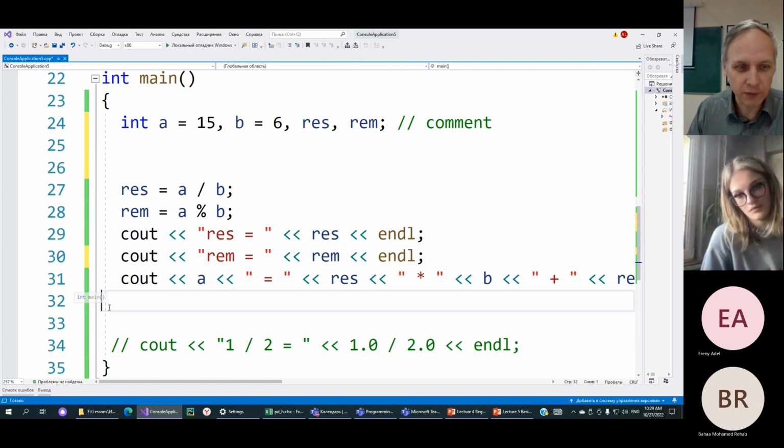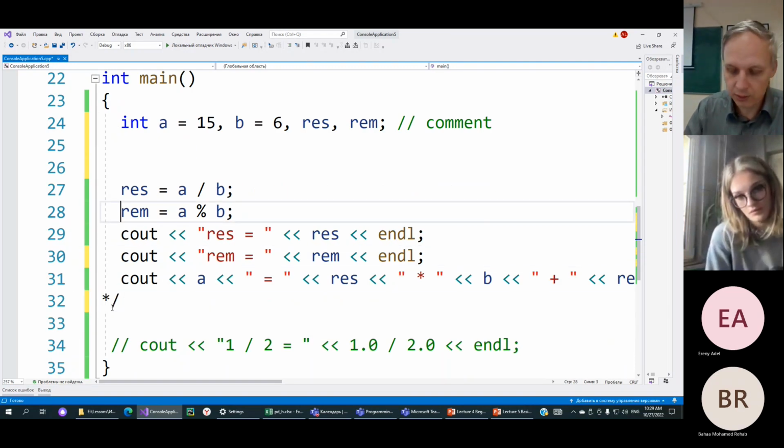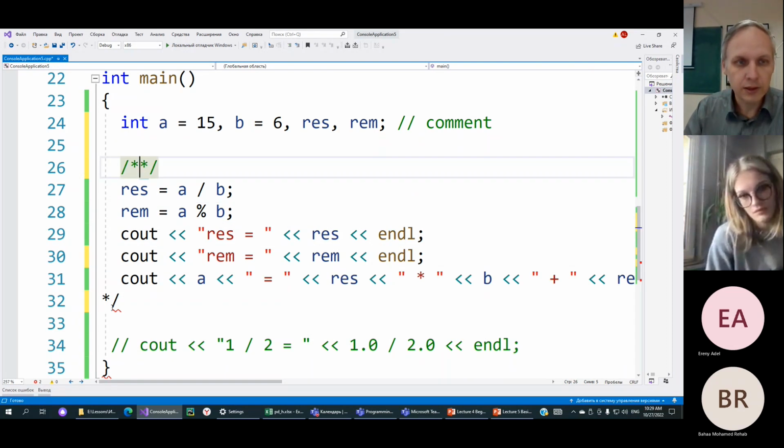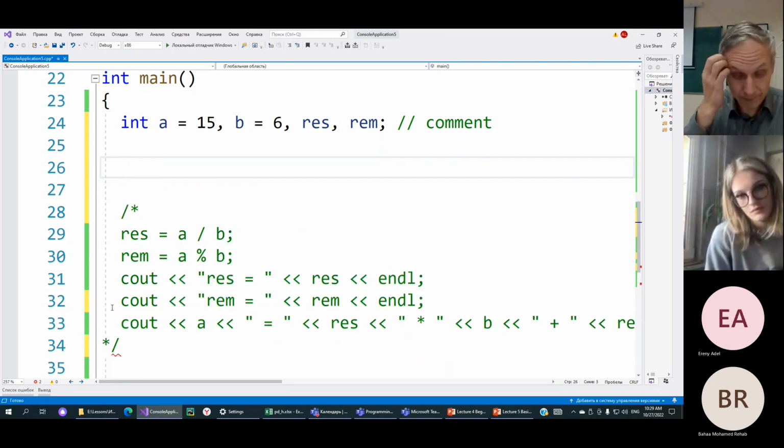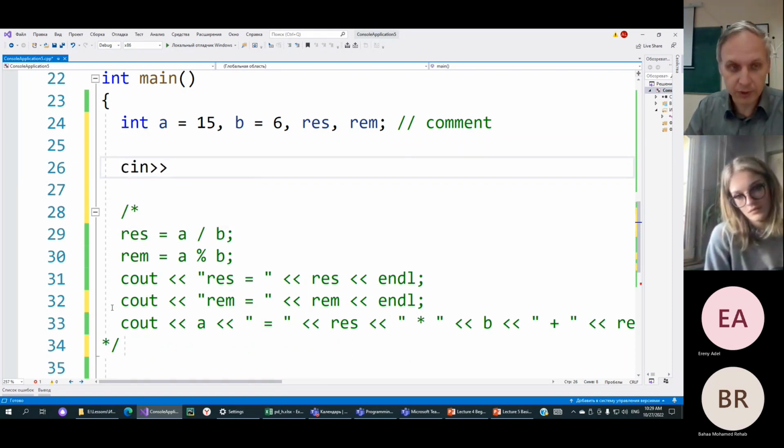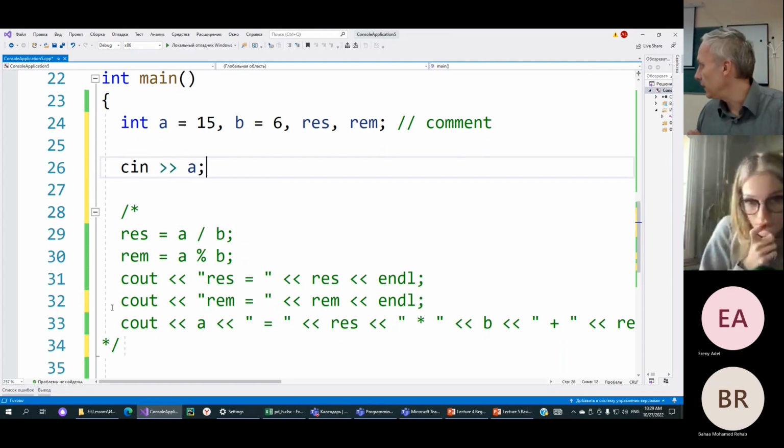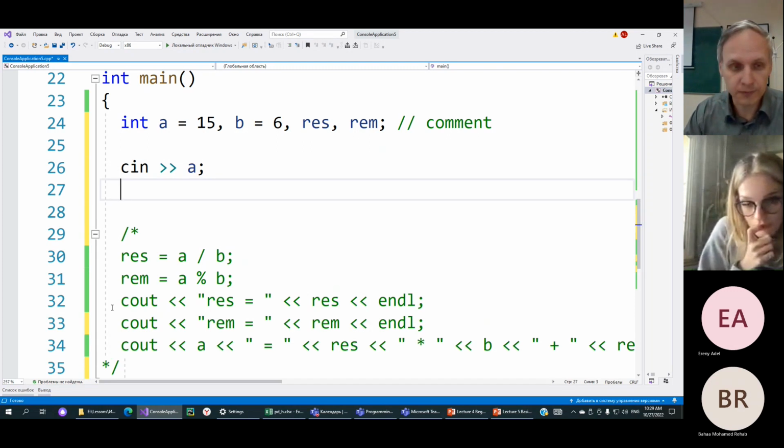Let me comment this part of the program, and let me write here an input statement for A. I enter the value of A from the keyboard.